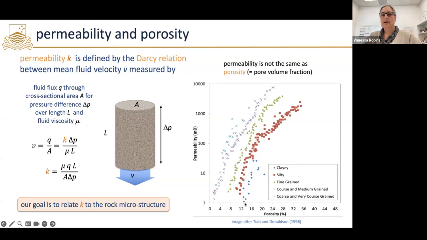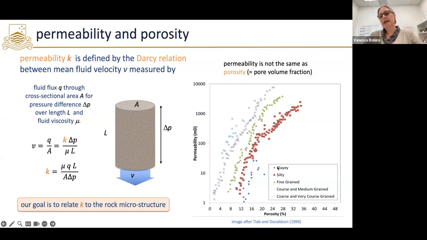So if my porosity is about 12%, if I draw a vertical line up from 12%, I'm seeing different materials with different permeabilities spanning 3 orders of magnitude, okay? So there's a huge difference in permeability even at a given porosity.